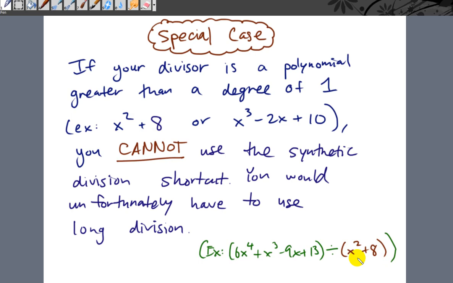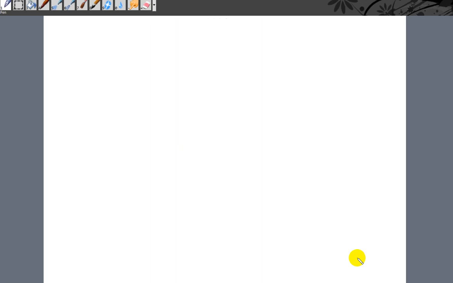But anyway, let's try and do that. So let's say I give you something like 6x raised to the fourth plus x cubed minus 9x plus 13, and we divide this by x squared plus 8.